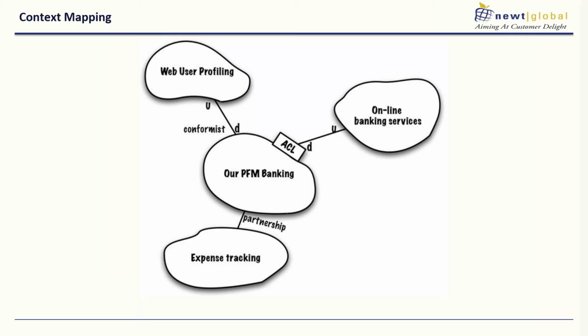For example, we have this web user profiling, having a conformist relationship with the personal financial management banking use case. So we need to visualize your entire application in terms of the various verbs and nouns, and what relations they have with various other verbs and nouns, so that we are able to create a proper domain-driven design.